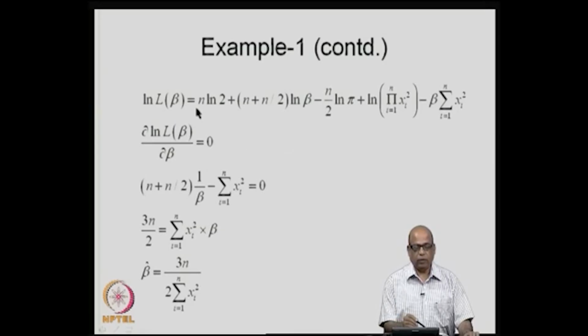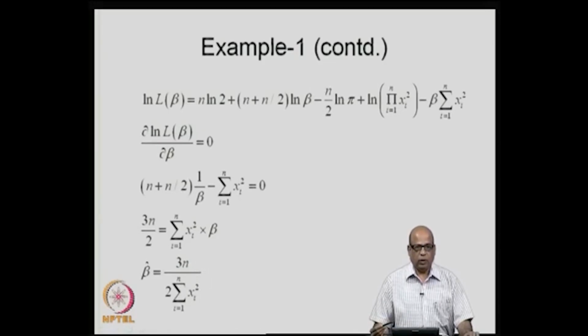So, we differentiate this function log L of beta with respect to beta and equate it to 0. When you differentiate with respect to beta, the only terms containing beta will appear here. So, n plus n by 2 by 1 by beta, minus summation of x i square, you are again differentiating with respect to beta. Those terms which do not contain beta will vanish from here, and therefore, you get after simplification beta cap is equal to 3 n divided by 2 into summation i is equal to 1 to n x i square.